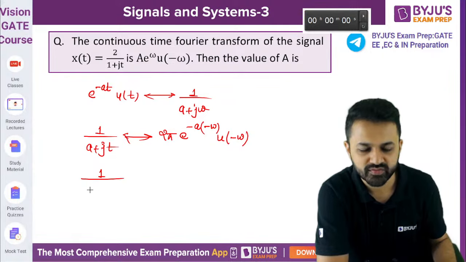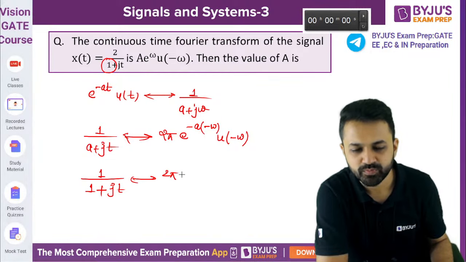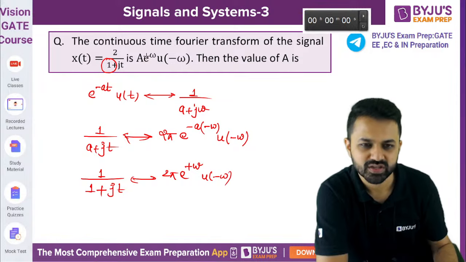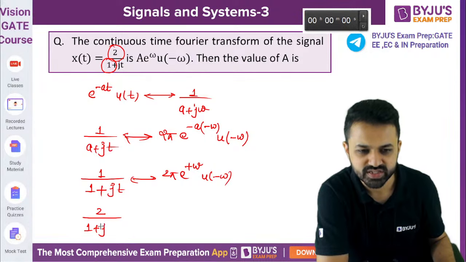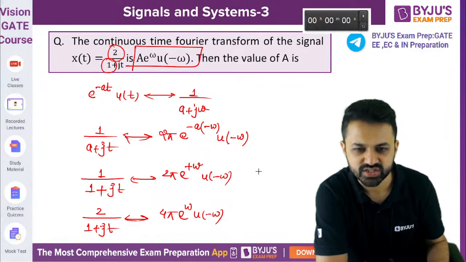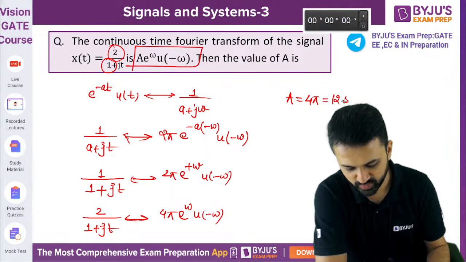So here we have 1 upon 1 plus jt, instead of a we have 1, and this is 2π e to the power minus, minus becomes plus, so plus ω and u of minus ω. But because there is a factor 2 also in the numerator, 2 upon 1 plus jt is 4π e to the power ω u of minus ω. On comparing with the given question, the value of a is 4π, which is 12.56.